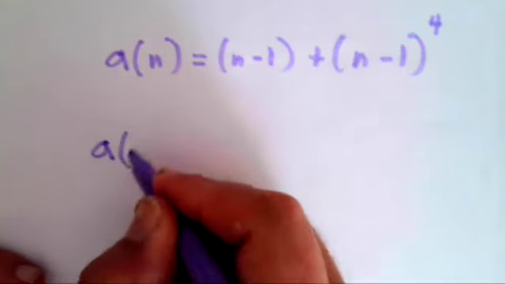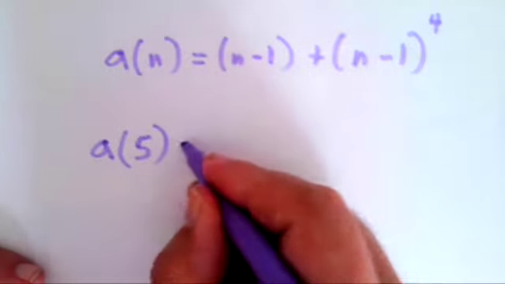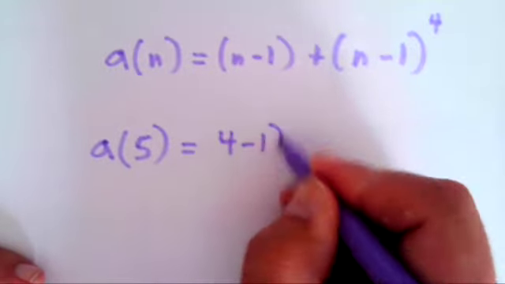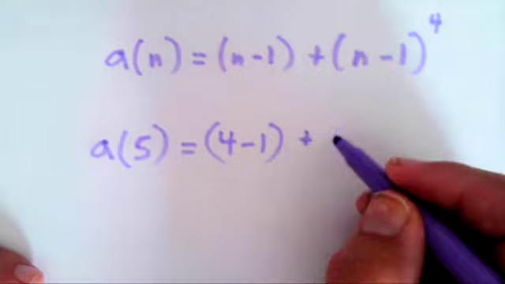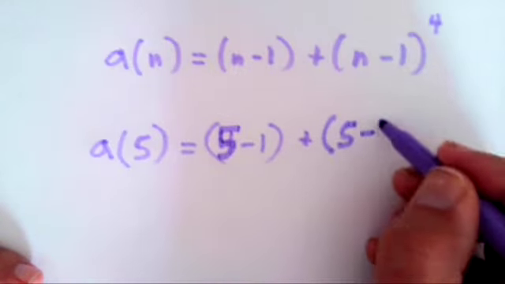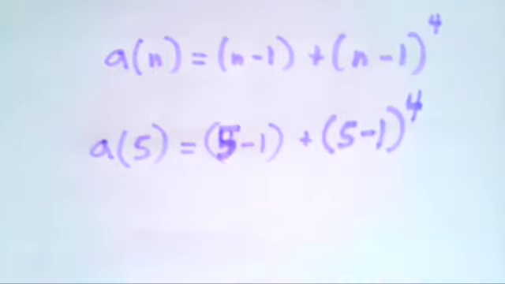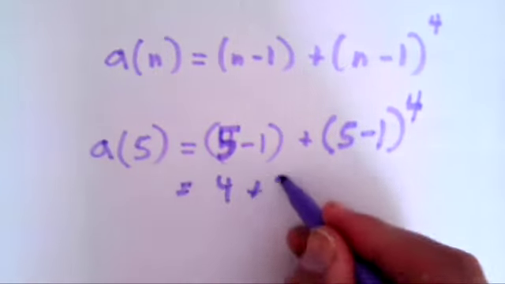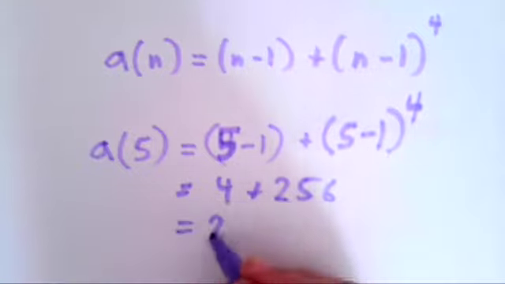And so I could have solved a of 5, the number of ways to color this with 5 colors, as (5 minus 1) plus (5 minus 1) to the 4th, which is 4 plus 256, which is 260.